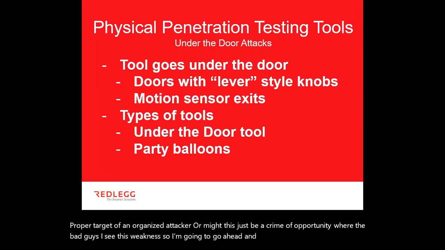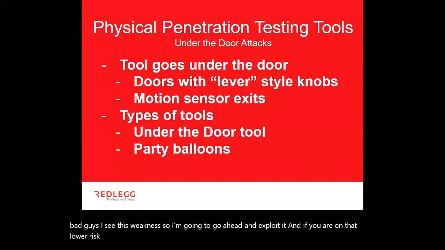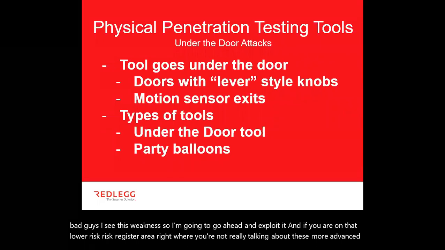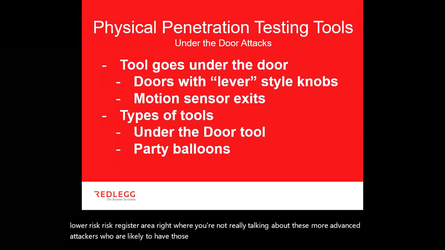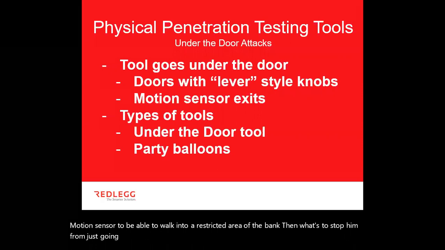And if you are on that lower risk register, where you're not really talking about these more advanced attackers who are likely to have those pro grade tools, well, the average Joe off the street, if they realize that all it takes is something to trip that motion sensor to be able to walk into a restricted area of the bank, then what's to stop them from just going and buying a pack of those balloons? So yeah, an actual party balloon is what I'm talking about.